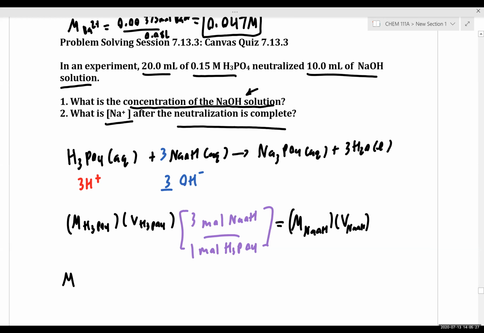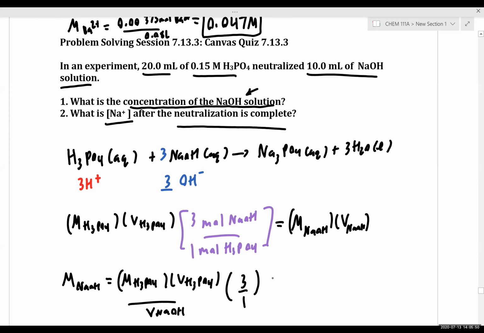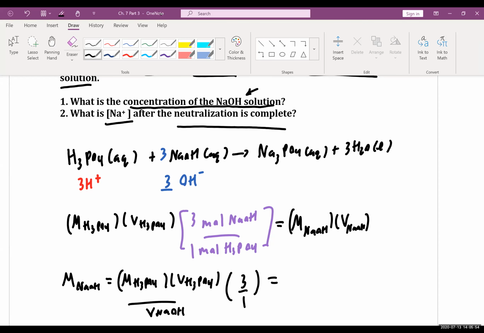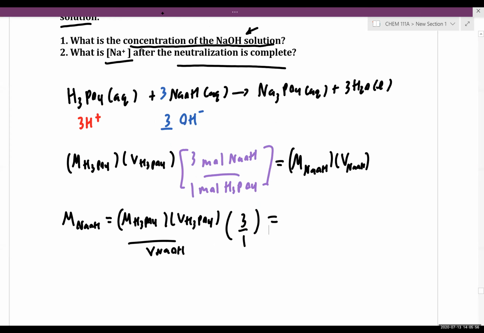Solving for the molarity of sodium hydroxide, we get the molarity of phosphoric acid times the volume of phosphoric acid over the volume of sodium hydroxide, times 3 to 1.